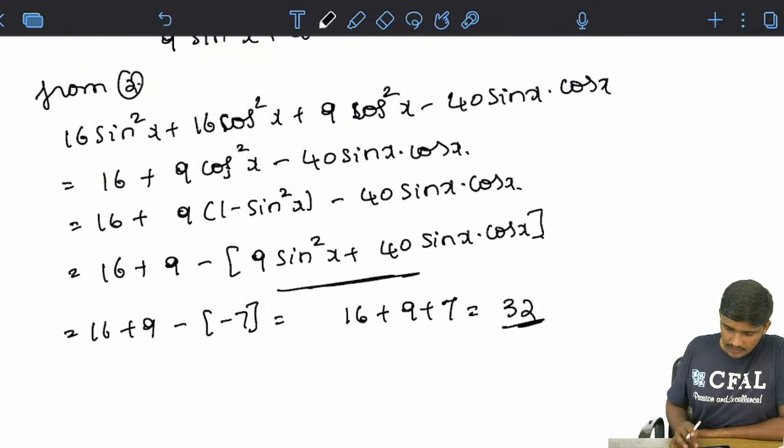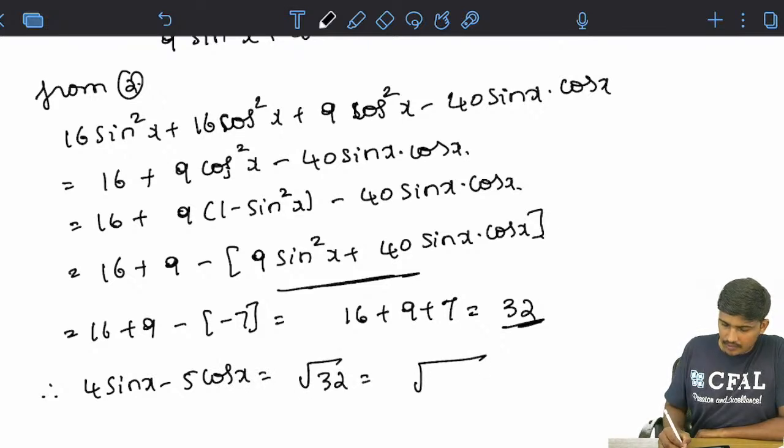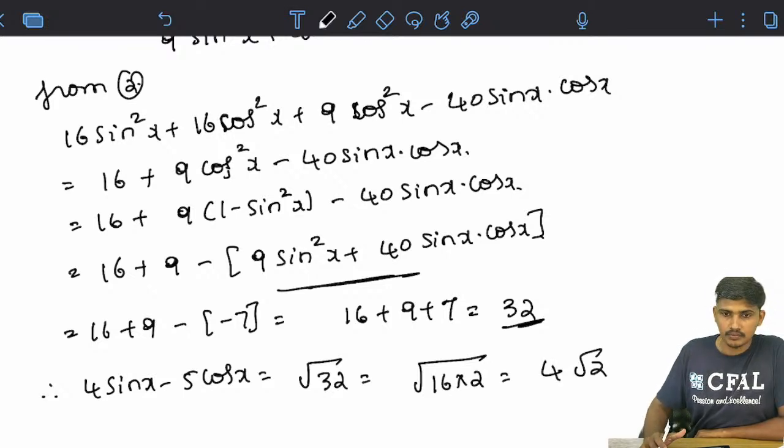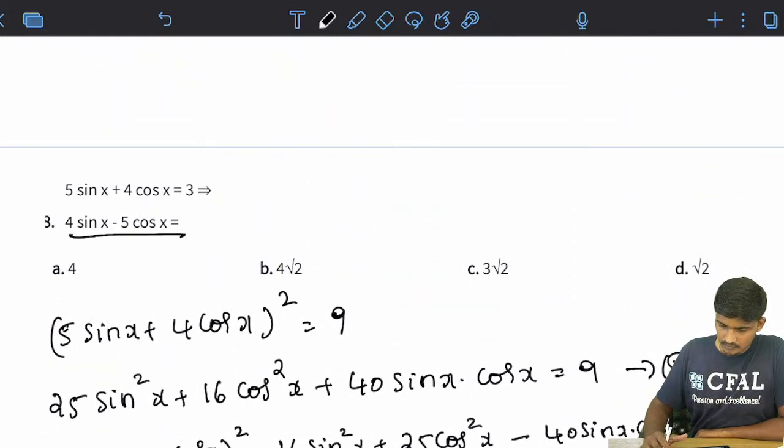Therefore, we should take its square root. Therefore, 4 sin x minus 5 cos x will be equal to square root of 32, that is nothing but 16 into 2, that is 4 root 2. Option B is correct, 4 root 2.